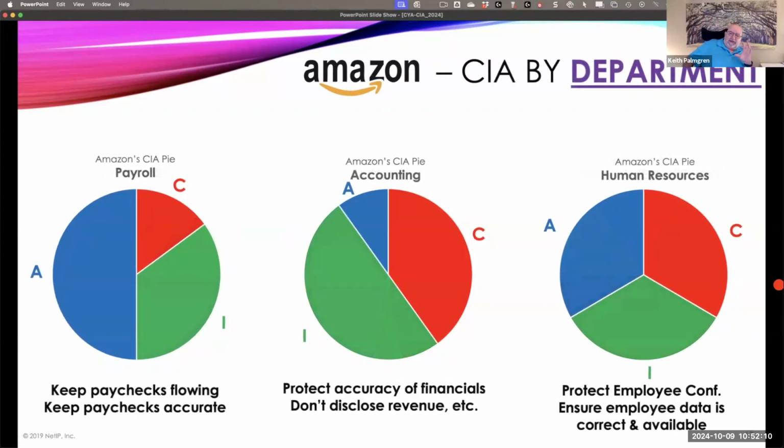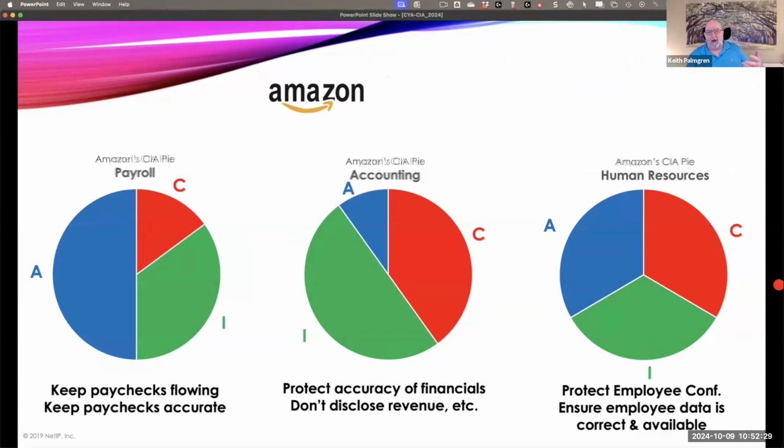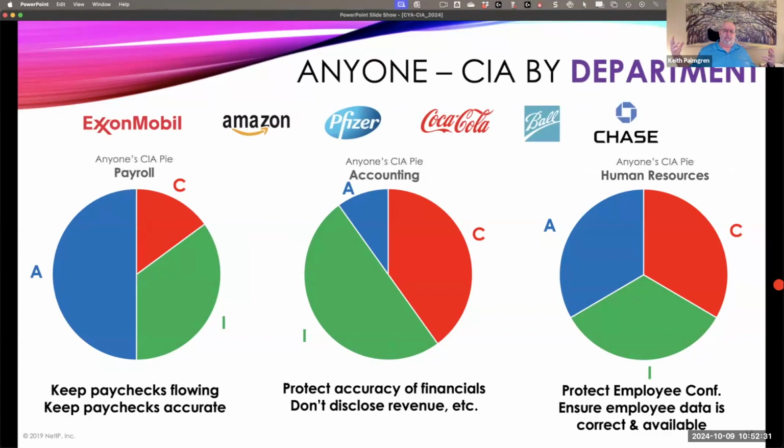And then it's not just by sector, but inside of each company, you're going to see different prioritizations for availability, confidentiality, integrity in the payroll department, in the accounting department, in the human resource department, and so on. And again, I'm using Amazon here as a simple example, but this particular chart or set of pie charts would apply to, insert company name here.